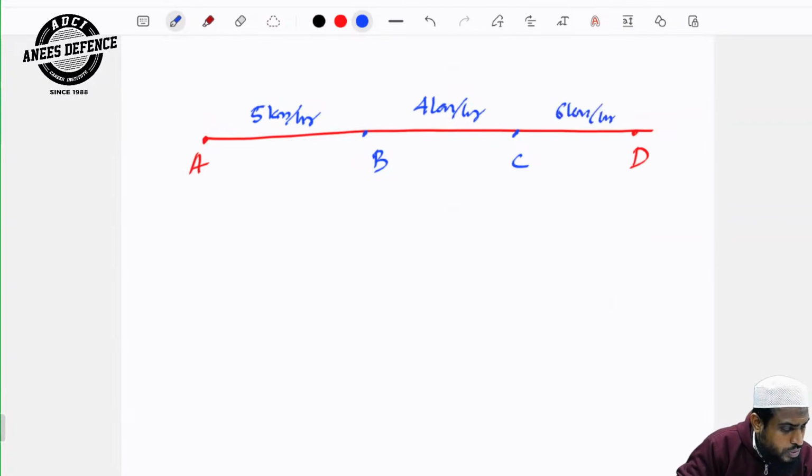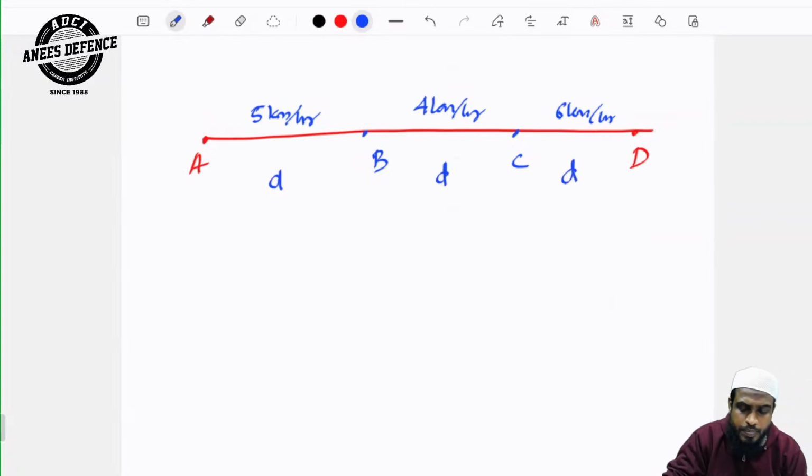So the remaining 1/3 is also with 6 kilometer per hour. So here the distance is the same: D, D, D.